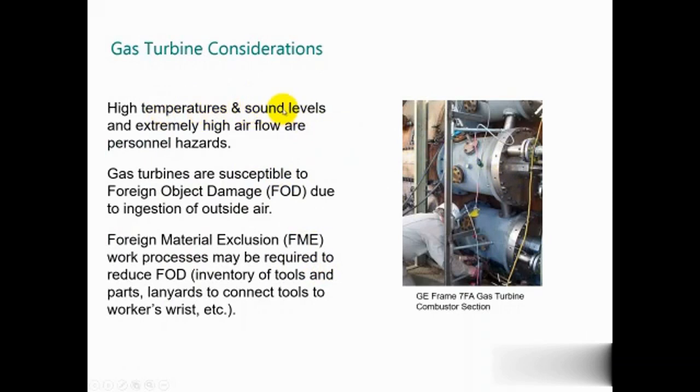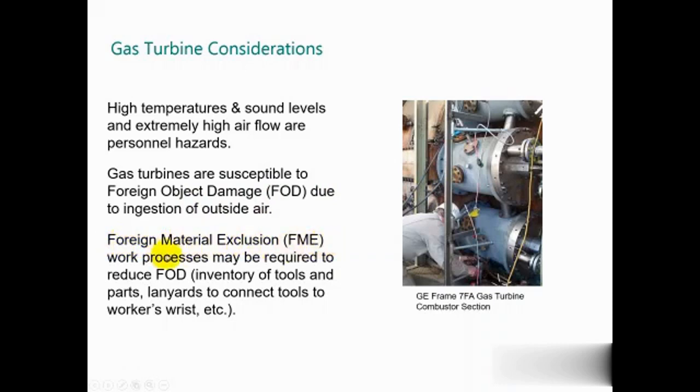You need special protection for your ears, normally double protection. When you are working on the gas turbine, it is susceptible to being damaged by any foreign objects. You need to avoid FOD. To avoid any FOD, it is mandatory to use foreign material exclusion.